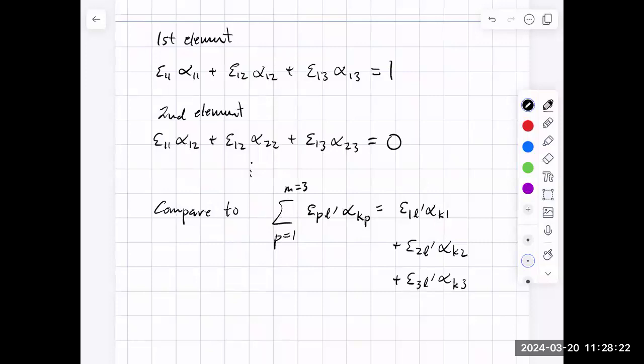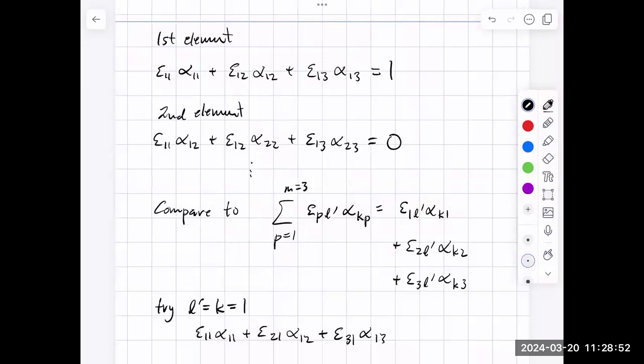And so if we want to compare to that first expression on the top, we should set L prime equal to K equal to 1. Then we would get epsilon 1,1 alpha 1,1 plus epsilon 2,1 alpha 1,2 plus epsilon 3,1 alpha 1,3.